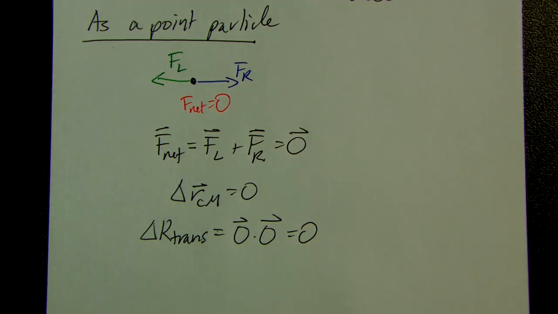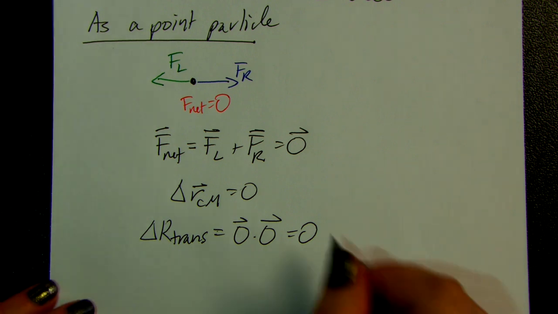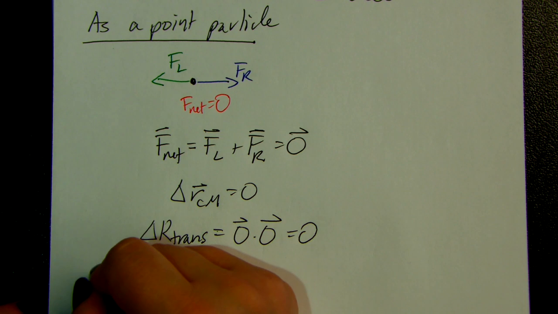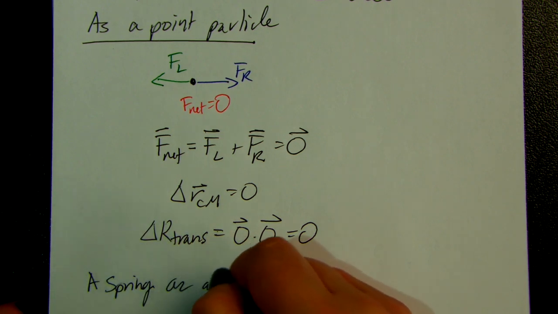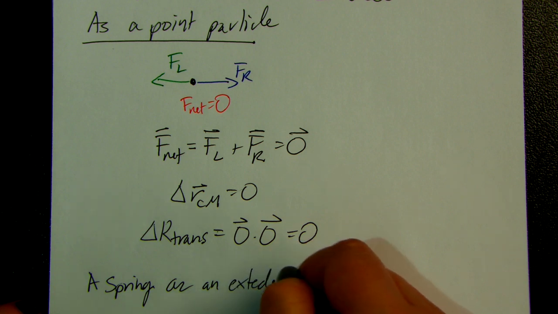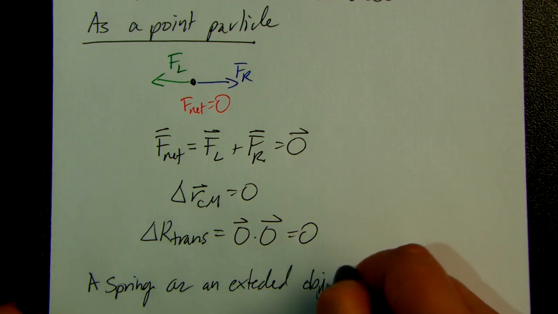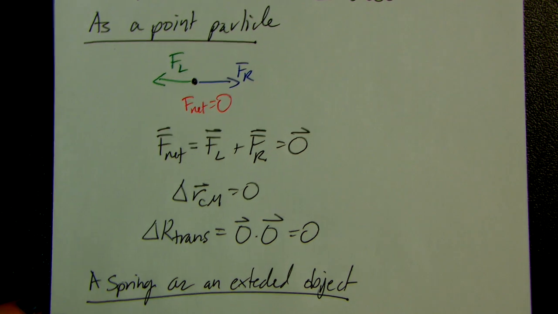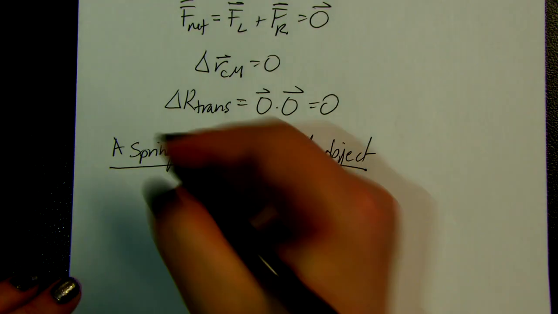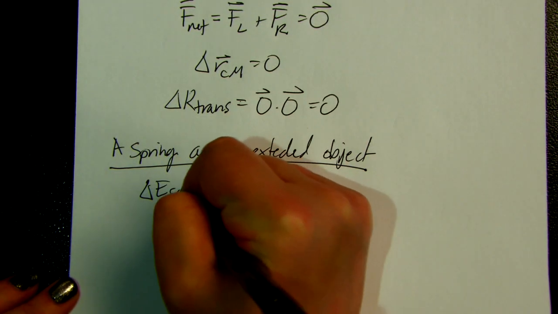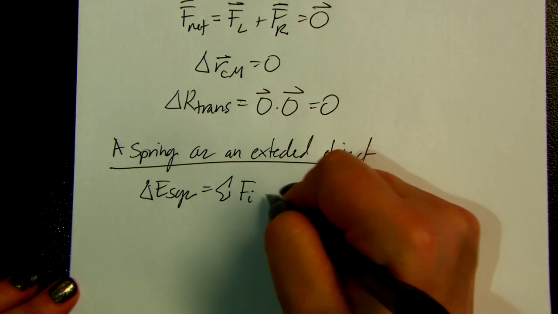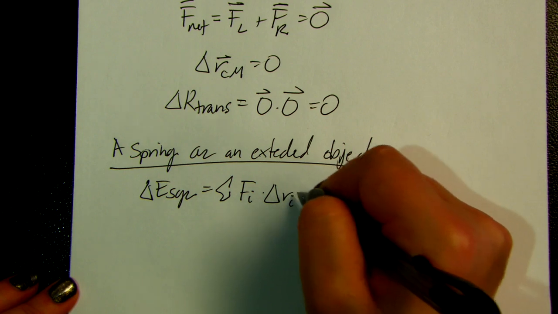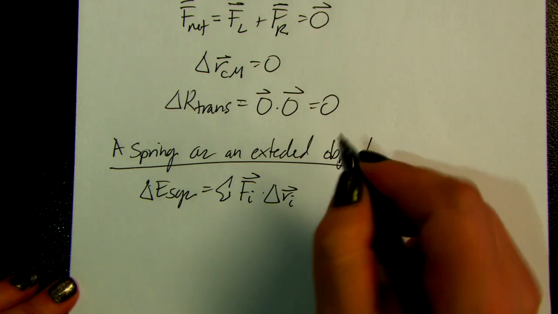Okay, so not super exciting as a point particle. That's fine, but we still learned something. Let's look at a spring as an extended object. So the change in energy of the system is equal to the sum of all the little forces over the distances to which they are being applied.